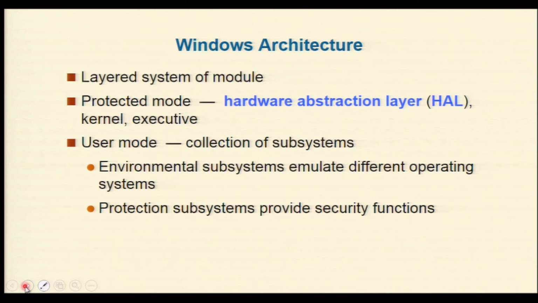The Windows operating system is tailor made for this hardware abstraction layer. Anywhere where this HAL is valid, on that machine Windows will run, giving you precisely the same results, the same interface, the same way of executing, the same way of working, and these are working in a protected mode.